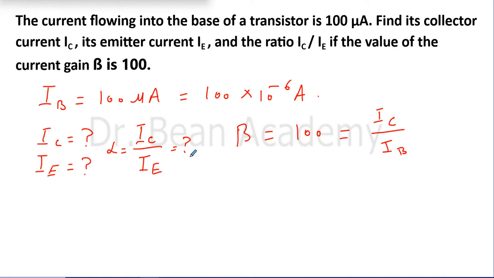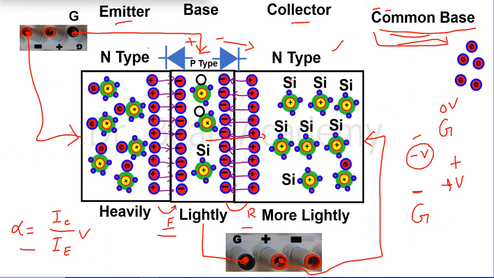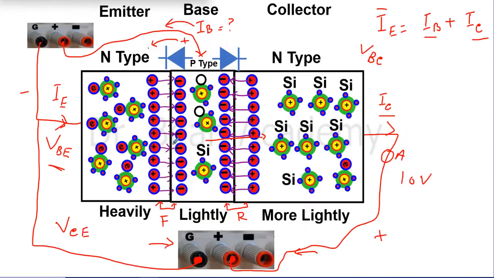And we also know about the third equation we studied, and that was IE equals IB plus IC, when we studied the operation of the transistor. I told you that the emitter is heavily doped and has a lot of electrons, and because this first junction is always in forward bias mode, the emitter will give all the electrons. So emitter current splits into two.